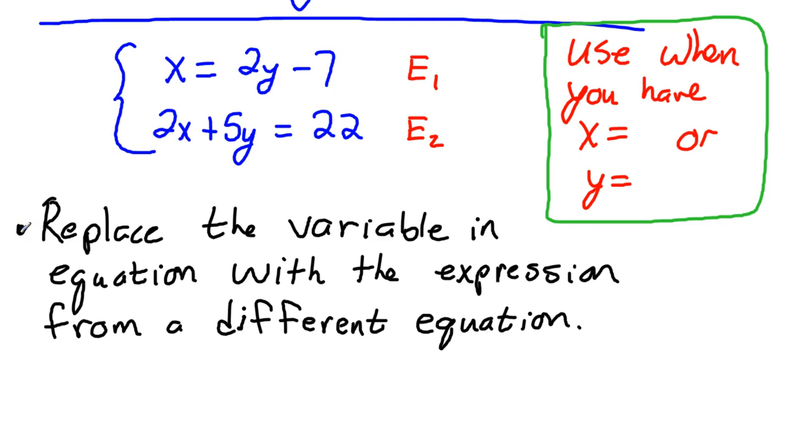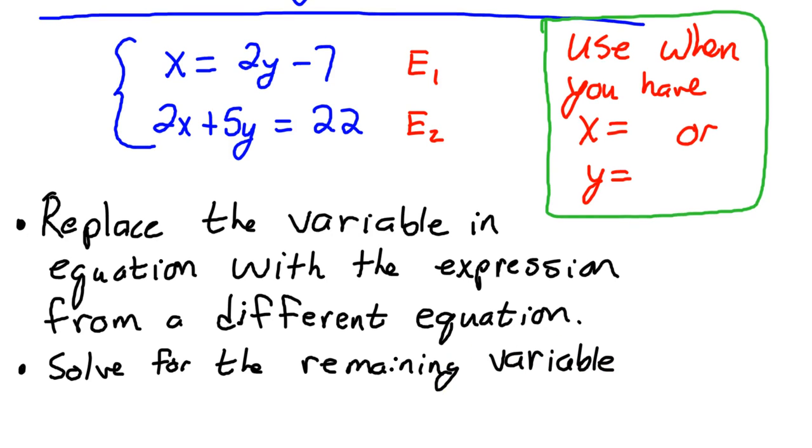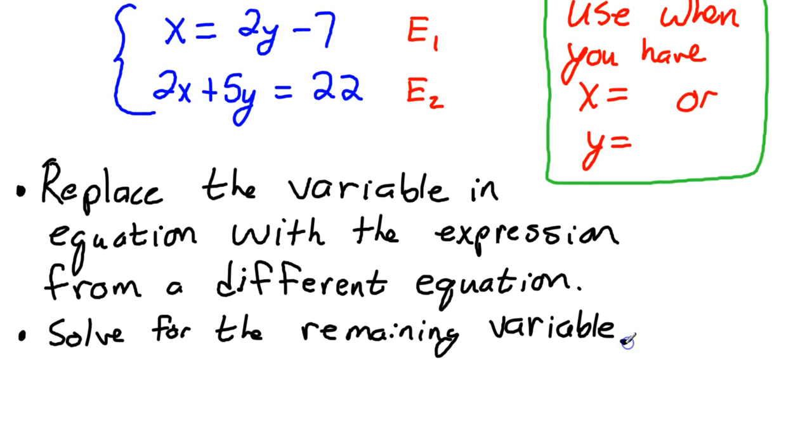When we talk about replacing it, that's the substitution part. Technically you would substitute the variable in one equation with an expression from a different equation. And once you do this, you're only going to have one variable left over, so you're going to solve for the remaining variable. And once you get x equals 2 or y equals 3 or whatever variable you get, then you're going to use that variable and the first variable to go back and find out what the other variable would be.